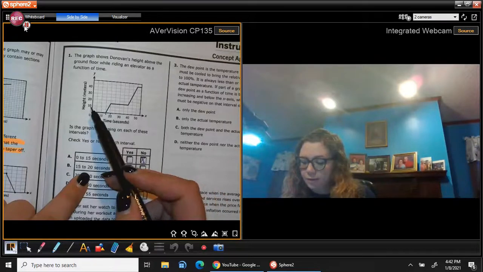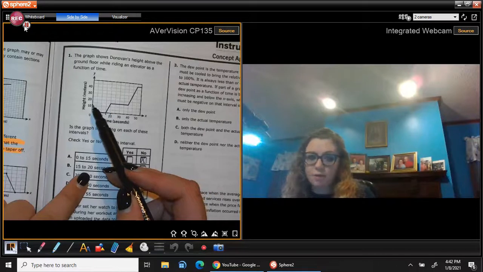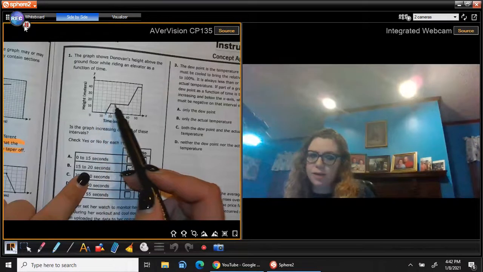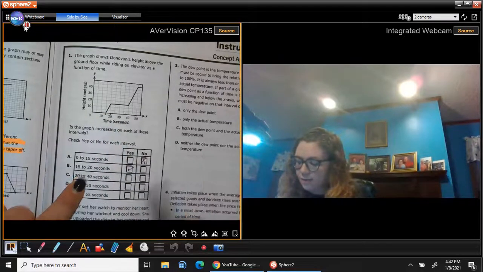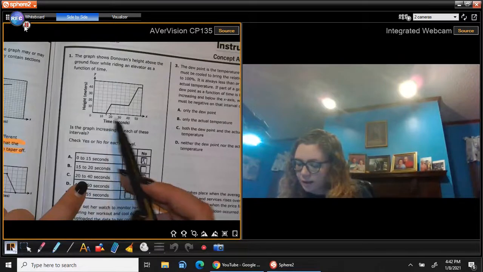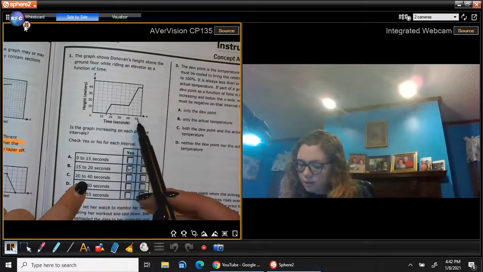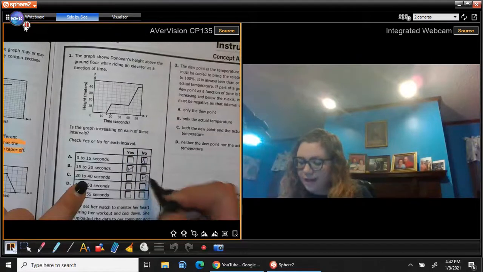Okay, he was about 15 meters off the ground. So again, you can still read this because it has numbers, which is nice. Okay, so from 20 to 40 seconds, am I increasing? Nope. Okay, I'm remaining constant.